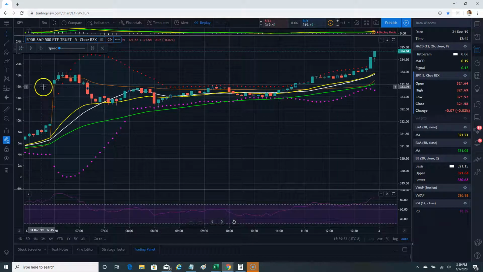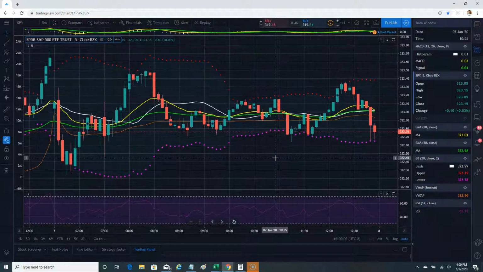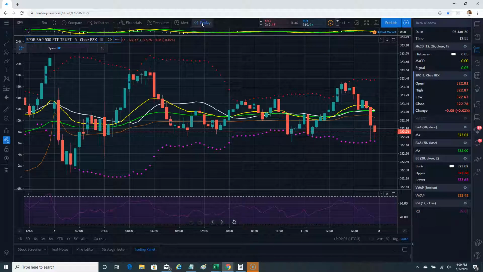Okay, so let me start over. Sorry about that. We close this, exit, and hit replay. We come here and then we need to select our starting point, because right now it's giving me the market close about 3 hours ago. So the end of my chart is here.